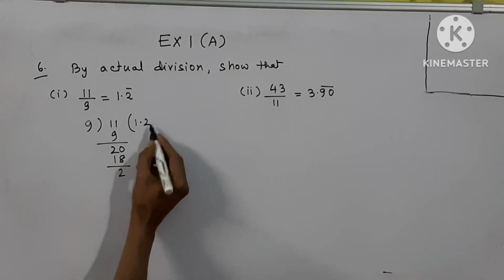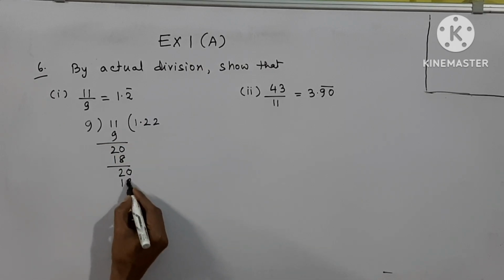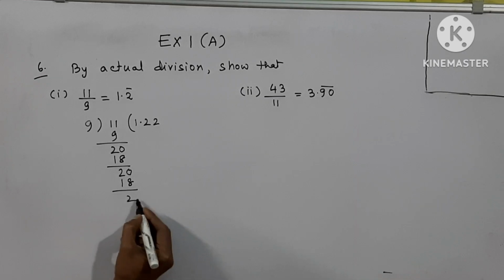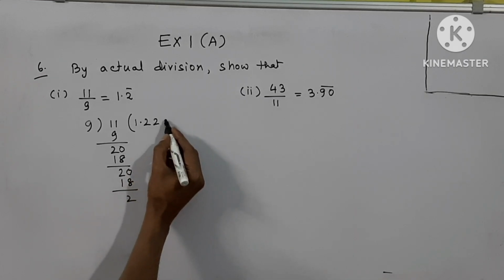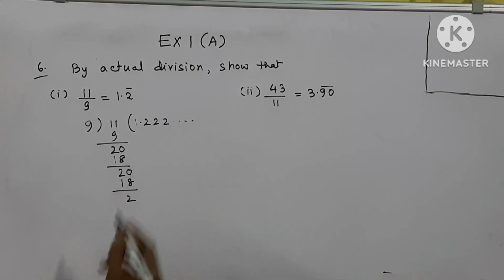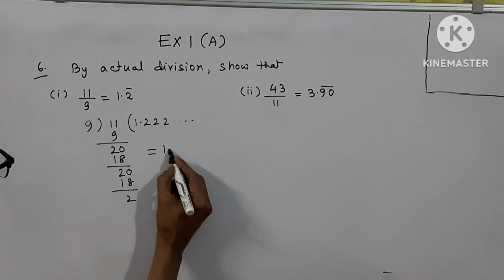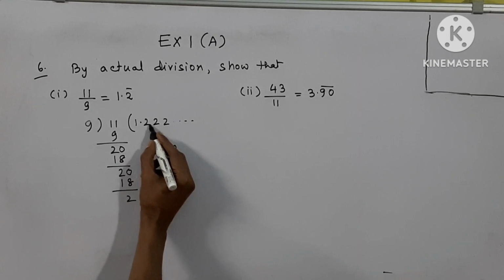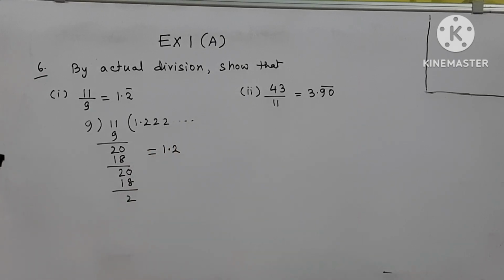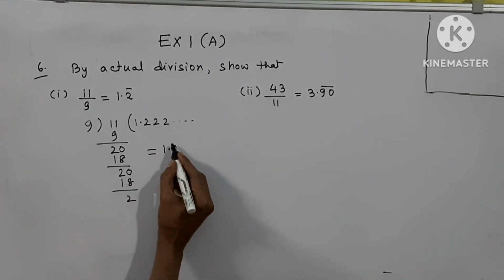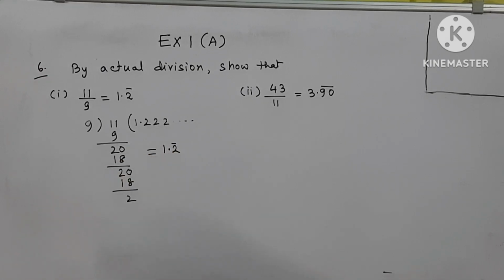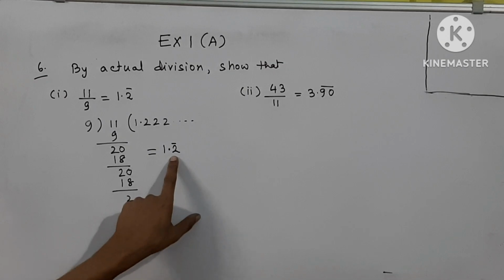Again 0, and 9 twos are 18. Now you know that 1.222 will keep on coming. So you have to write 1.2, and since 2 is repeating infinitely, you have to write 1.2 and a bar over 2.